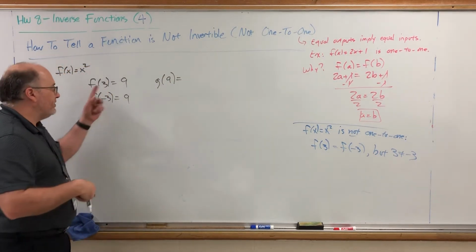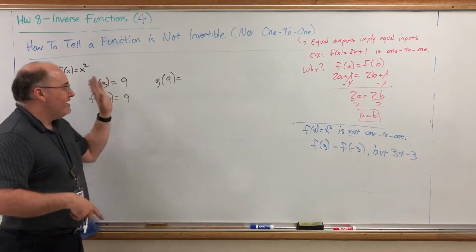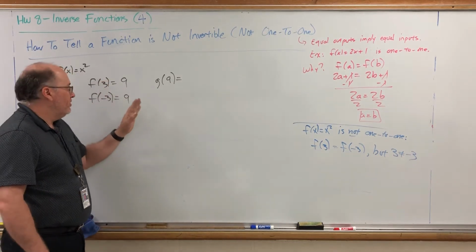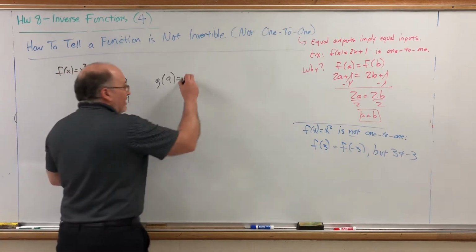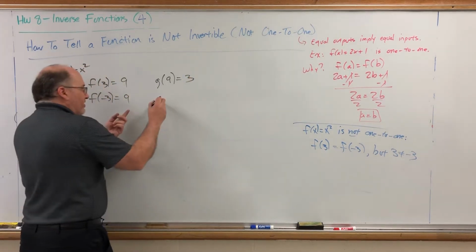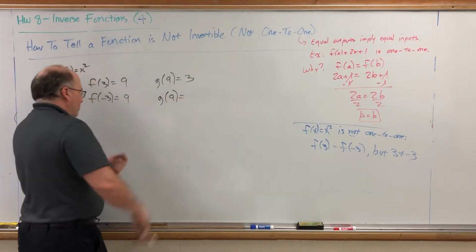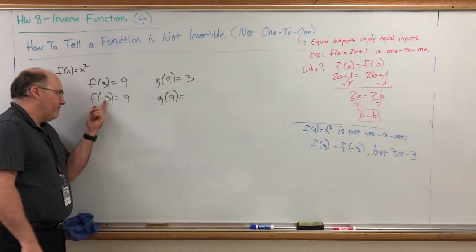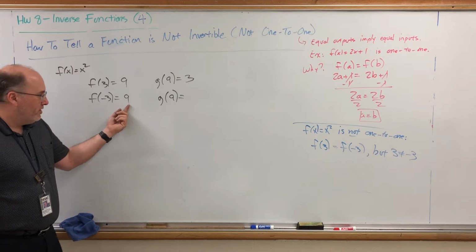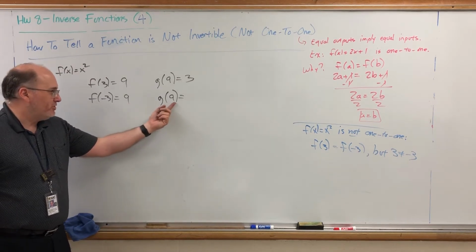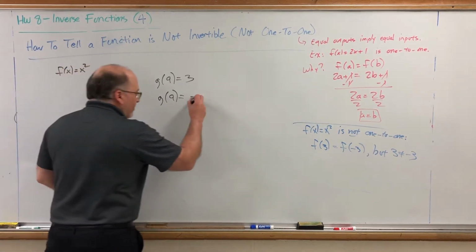So you did something to the 3 to turn it into a 9. If my function is invertible or one-to-one, then the inverse should turn the 9 back into the 3. But what should the inverse do here? Well, the function turned negative 3 into a 9. If I were invertible, then my inverse function would have to turn 9 back into negative 3.